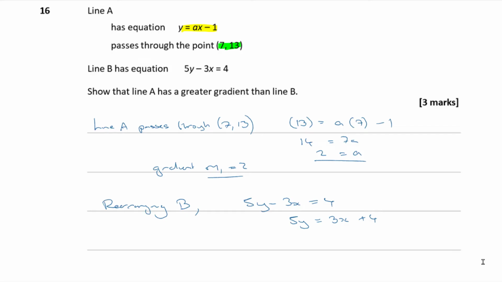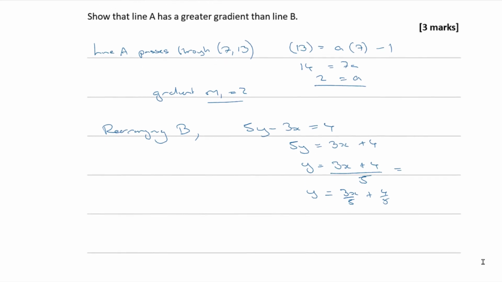Right, and then dividing both sides by 5, y is going to be 3x plus 4 over 5, which is the same thing as y is equal to 3x over 5, or 3/5 of x, plus 4/5. Just dividing both terms by 5. Okay, so therefore the gradient of this line B is going to be, well, it's just going to be that value there then, isn't it? 3/5.